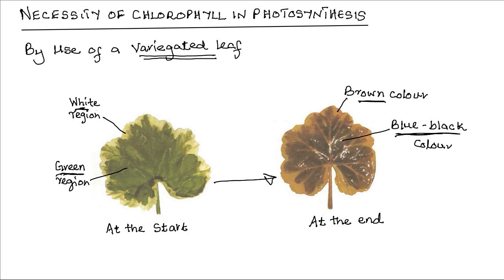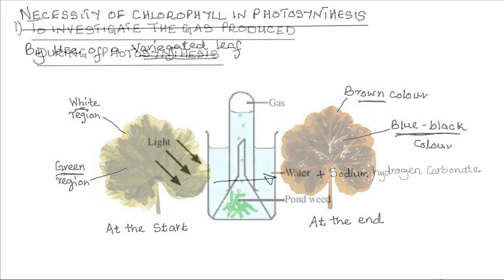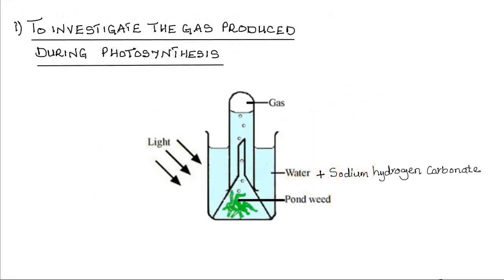So the addition of sodium hydrogen carbonate boosts the amount of carbon dioxide in the water so as to promote the process of photosynthesis. Now we also make sure that there is adequate light, because light, just like carbon dioxide, is a factor required for photosynthesis to take place.